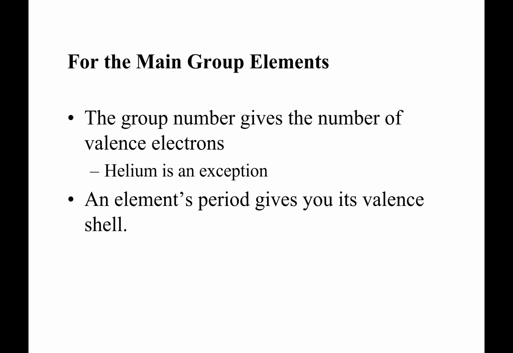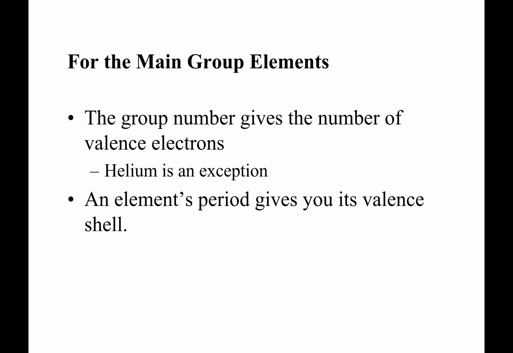So there are times when you're going to look at a periodic table and wonder how many valence electrons that atom has. Well, if it's a group A element, remember group A elements are s block and p block, the group number, which I don't like the group numbers here, will tell you the number of valence electrons.